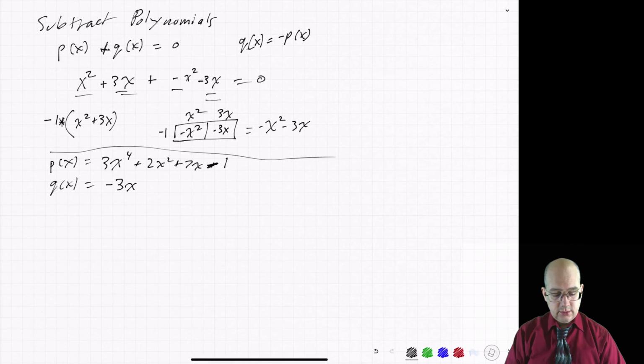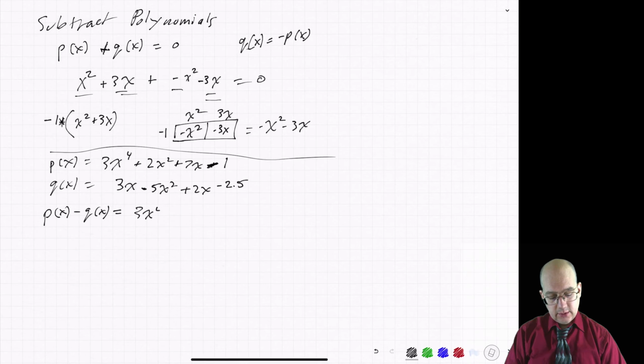Sorry, it's also equal to 3x to the fourth minus 5x squared plus 2x and minus 2.5. Okay, so then p of x minus q of x is, well, you write out that whole same thing.